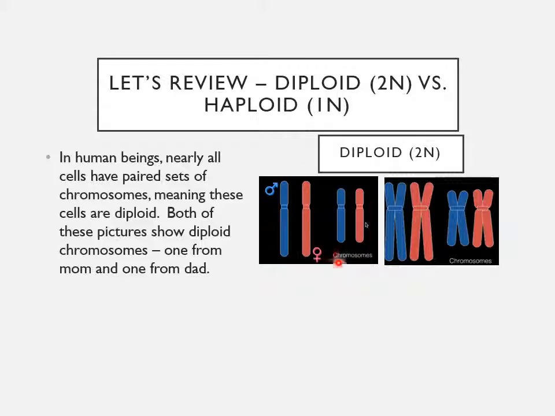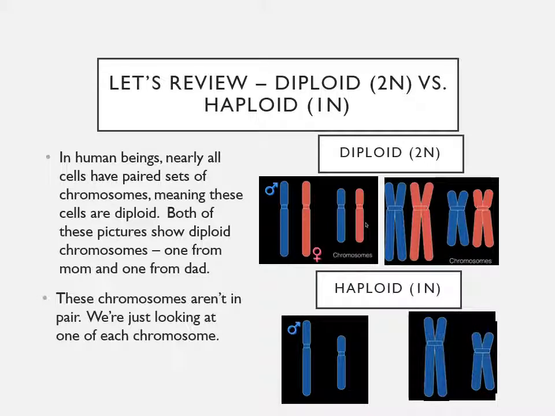Pair 1, pair 2, I'm not showing you all 23 pairs here because that would take up a lot of space, but again, this cell with a chromosome from dad and from mom would be called diploid. Now, whether the DNA is unduplicated, as in here, or duplicated here, both of these examples are diploid because you have a chromosome from dad and from mom.